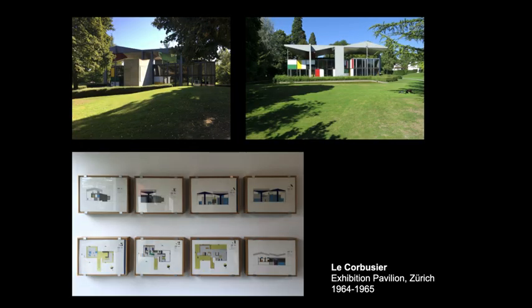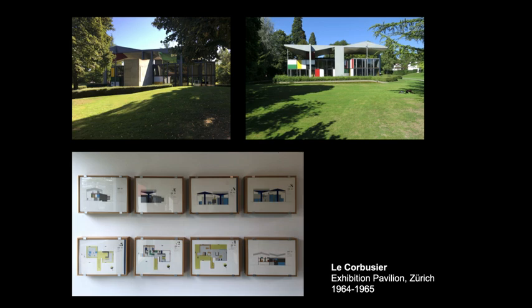Well, another pioneer of the modern architecture in the 20th century was Pierre Jeanneret, called Le Corbusier, and I give you just a brief information about his work and just one example.